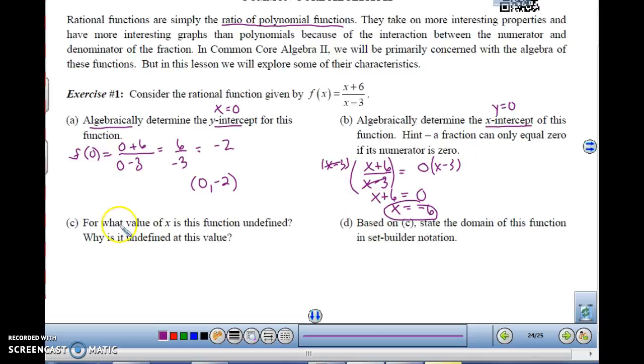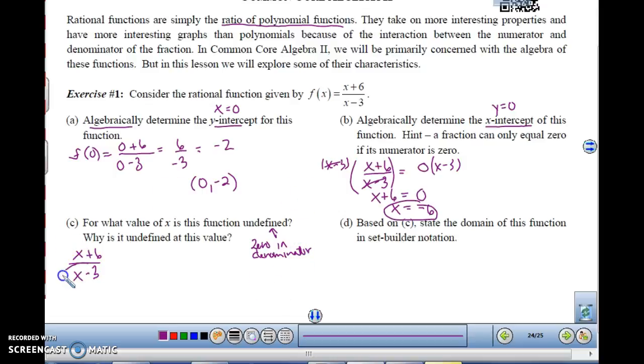All right. For what value of x is this function undefined, and why is it undefined at this value? All right. So if we're looking at x plus 6 over x minus 3, undefined means there is a 0 in the denominator. The denominator is equal to 0.